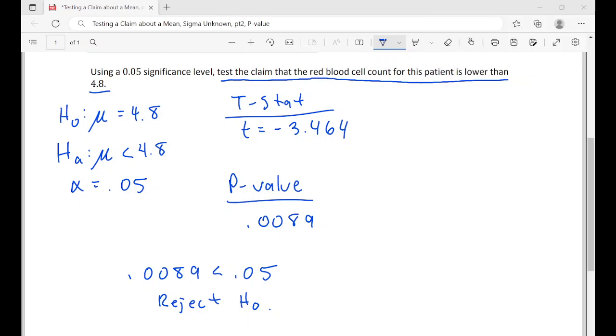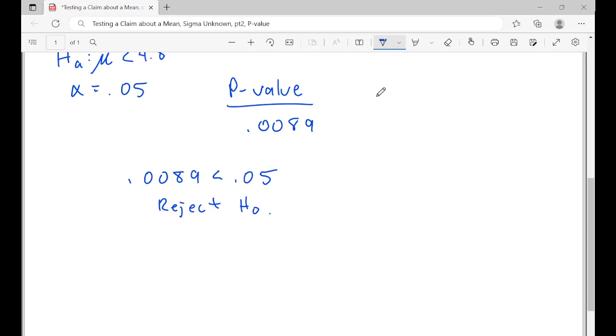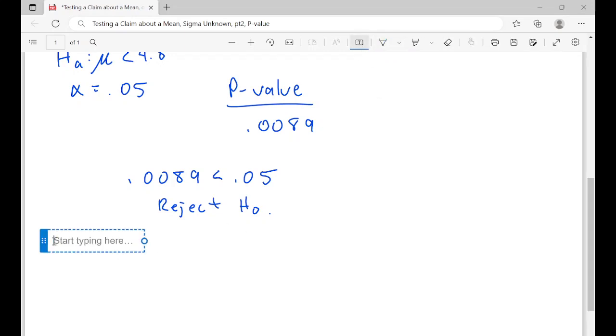Now, we got our answer, but we still have to type everything in. So we have to actually state our claim, because we need to test the claim that the red blood cell count for this patient is lower than 4.8. And since we have rejected the null, we're going to put this in here and type out our answer.